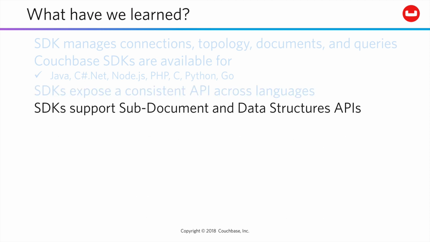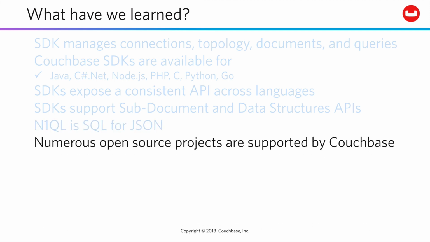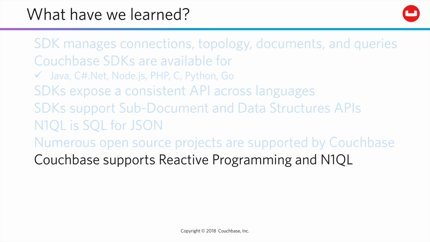The SDKs also support SubDocument and data structure APIs. N1QL, as we keep saying, is SQL for JSON and provides overlapping capabilities with some of the document-specific operations. Couchbase enthusiastically supports numerous open source projects, and we support reactive programming approaches in both Java and C#.